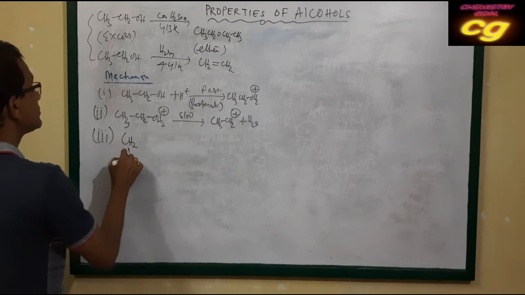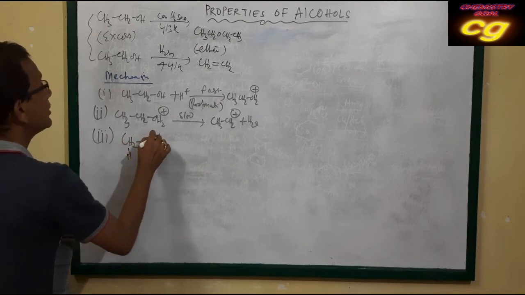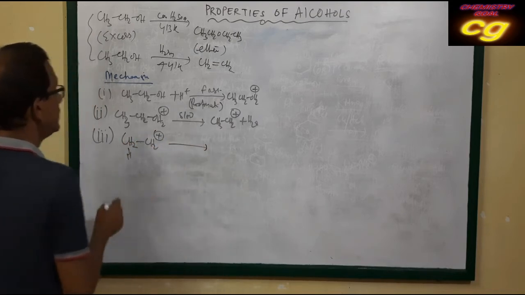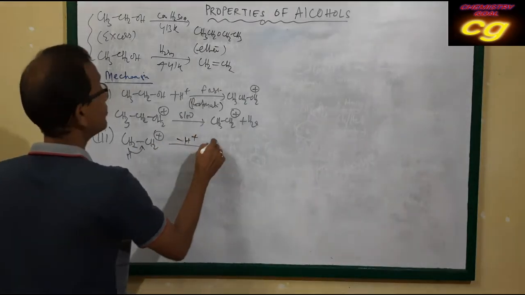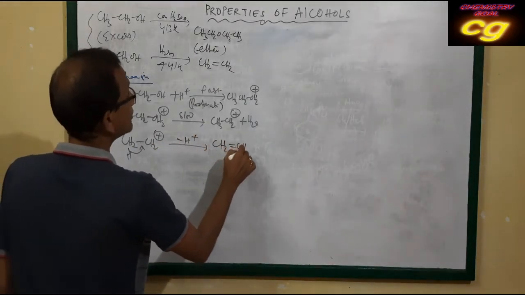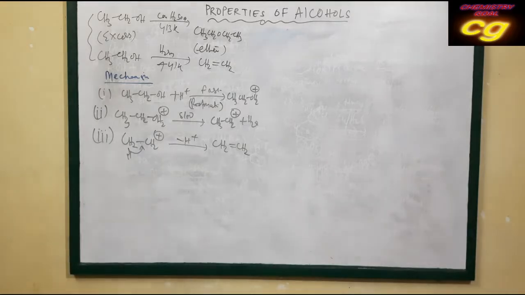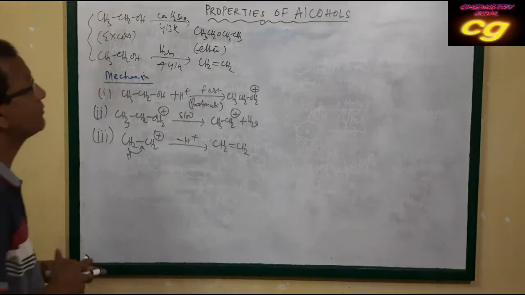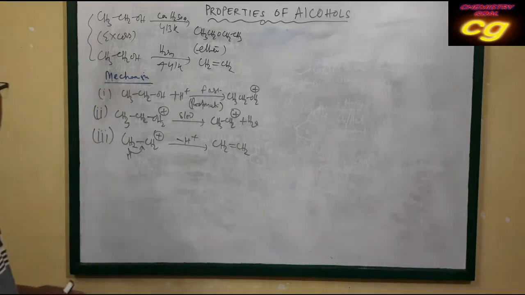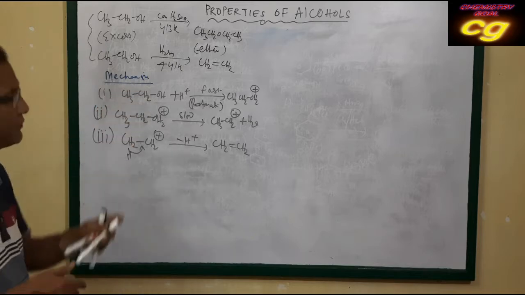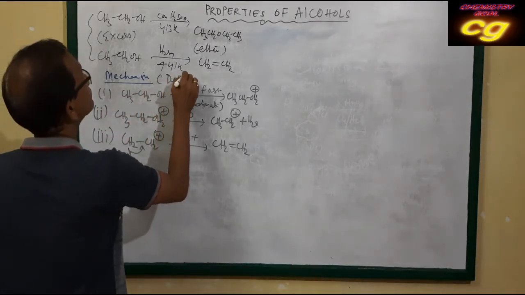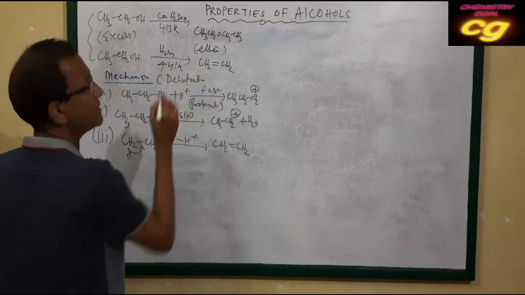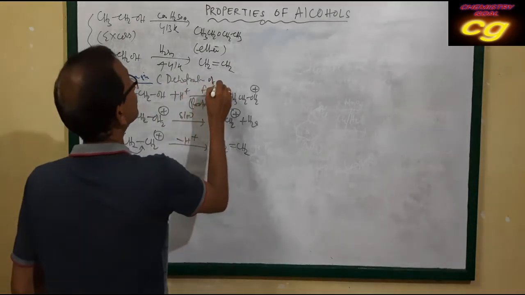The carbocation loses H plus and produces alkene. So three steps result in the formation of alkene. This is the mechanism of dehydration of alcohol, which is generally asked in your exam.